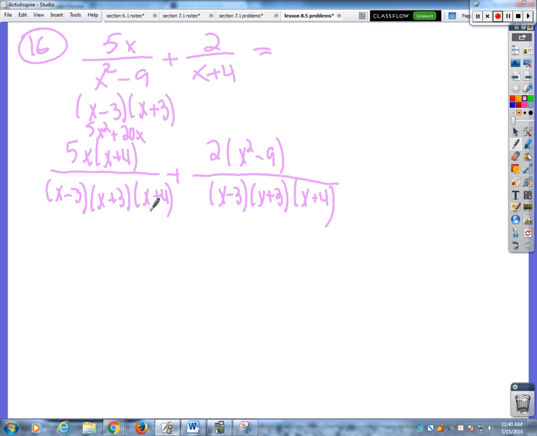Okay, what do I do with this? Distribute. So that's going to be 2x squared minus 18. Okay, so now I can combine like terms. So 5x squareds plus 2 more x squareds is how many x squareds altogether? 7x squareds. And then these are the only x's I have, so I'm going to stay as 20x.